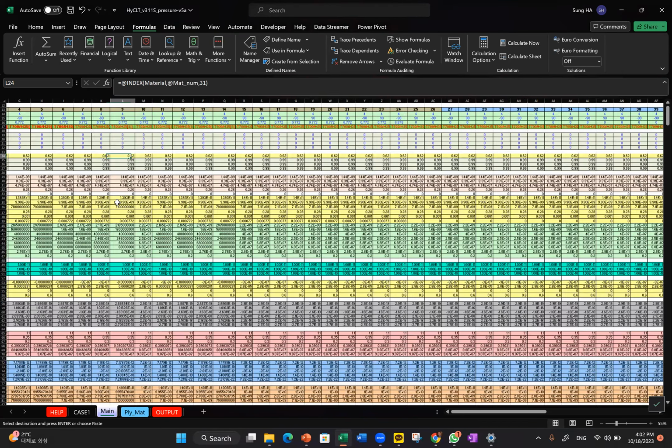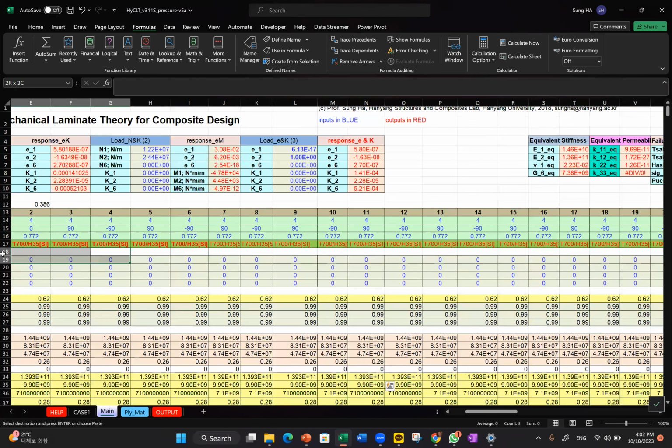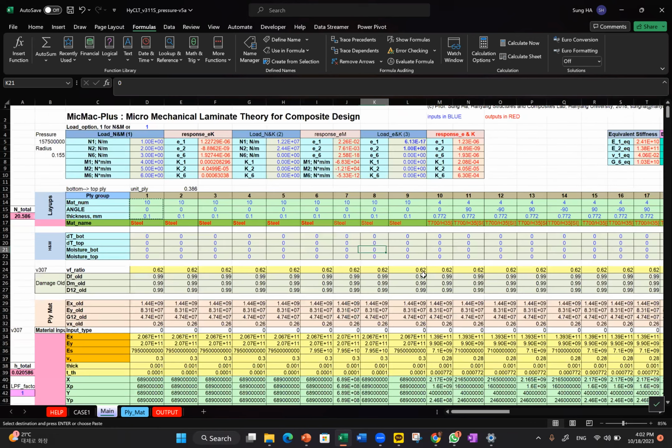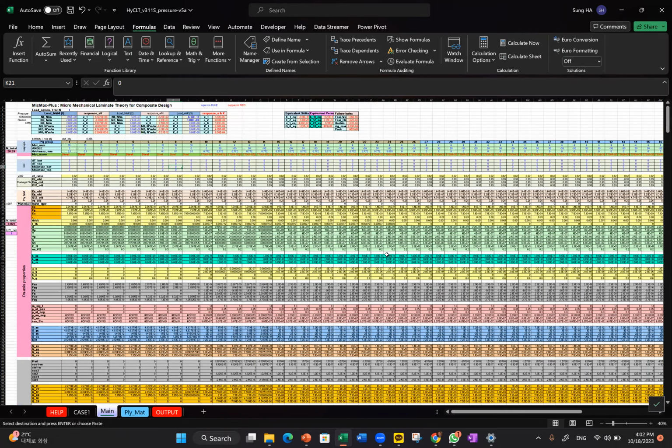As you can see, each ply you can change to a steel ply, and you can have many plies.